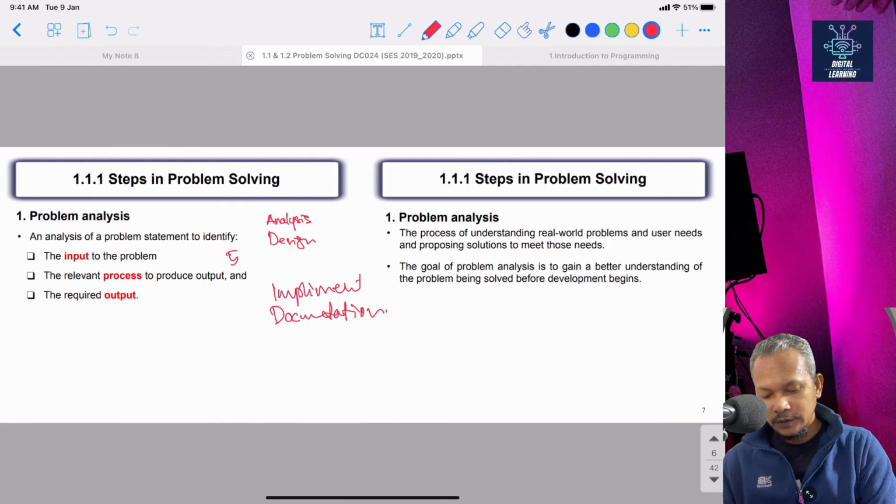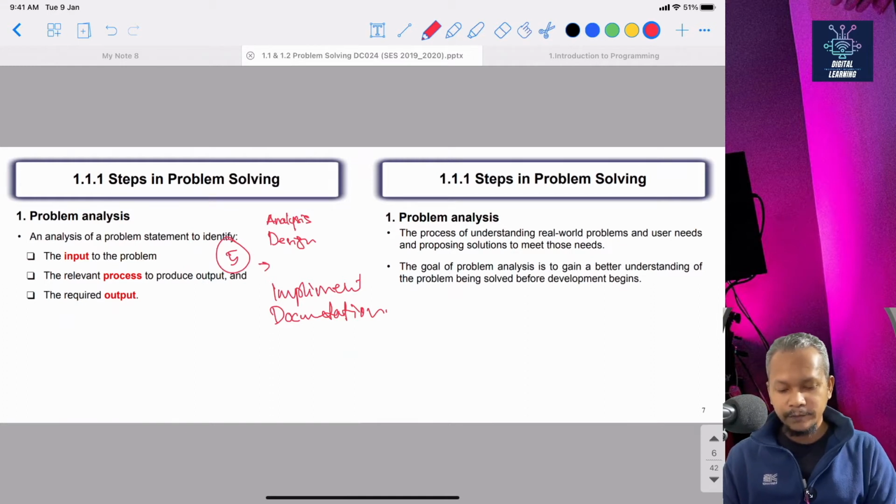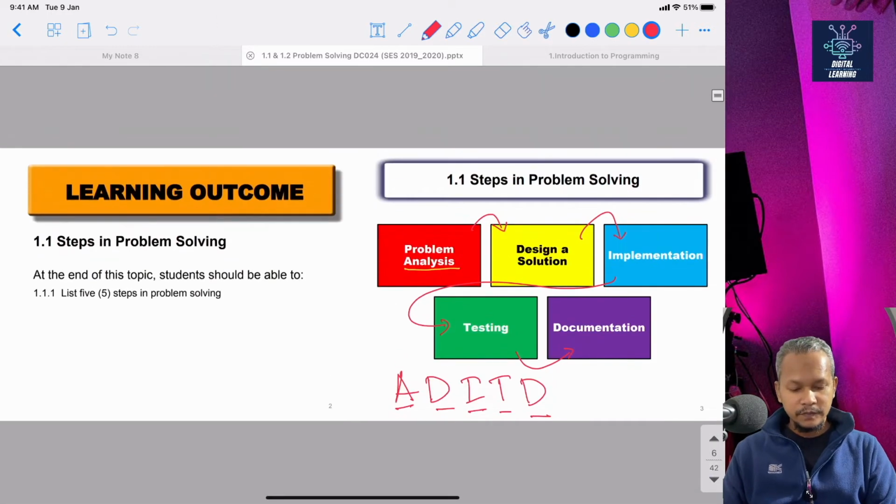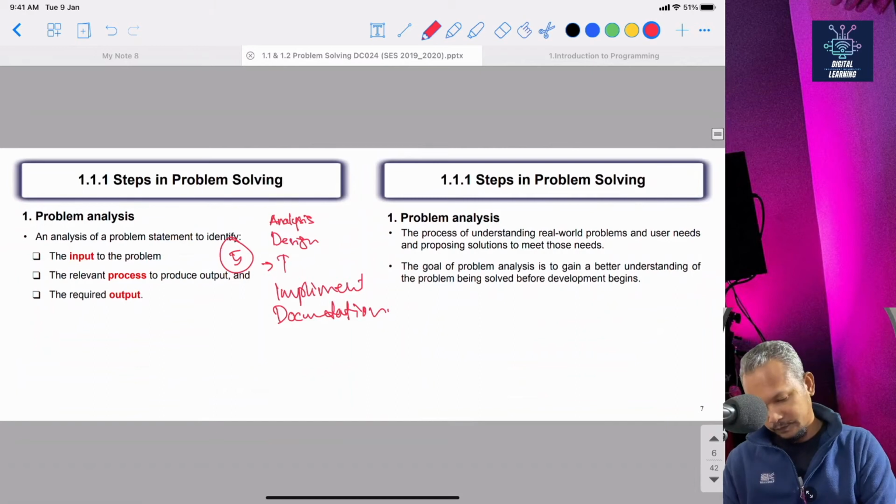So you must remember there are only 5. So in between is what? Okay, testing. All right.